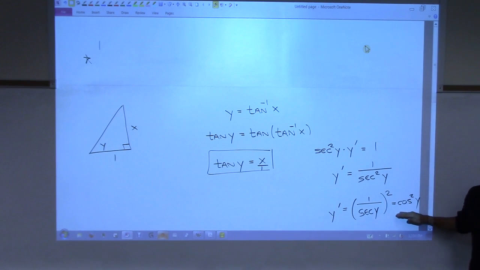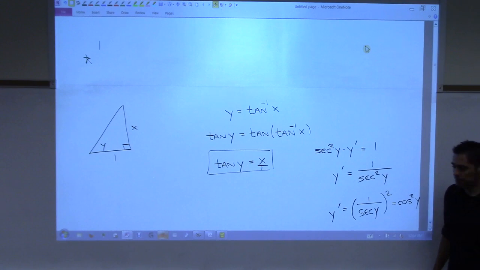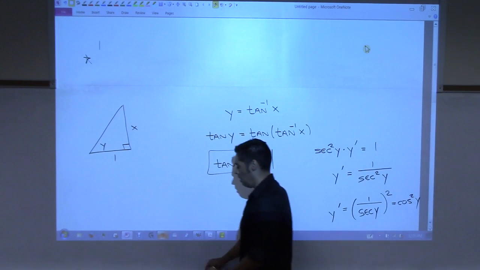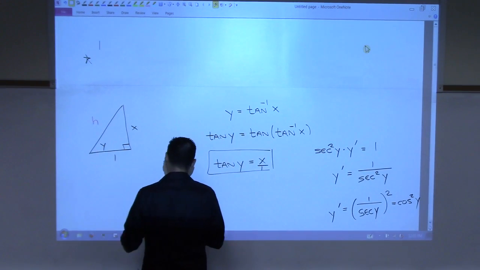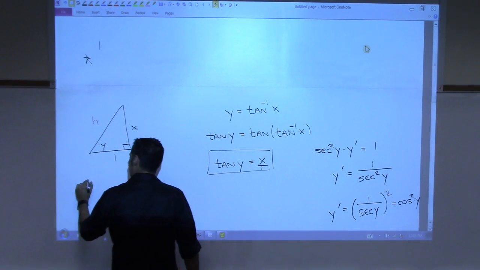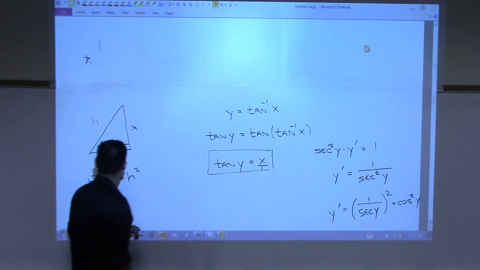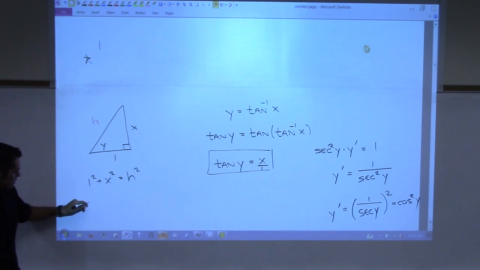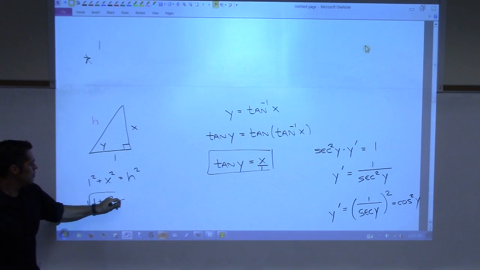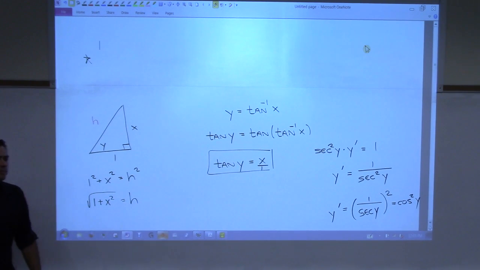But to do cosine, I need adjacent and hypotenuse, so I need to get the hypotenuse of that. I'll call it h. 1 squared plus x squared is h squared, and then take the square root on both sides. 1 squared is 1, so square root of 1 plus x squared is h.